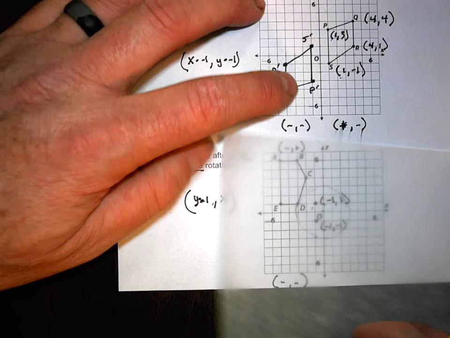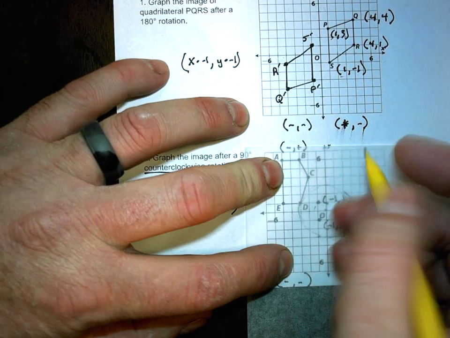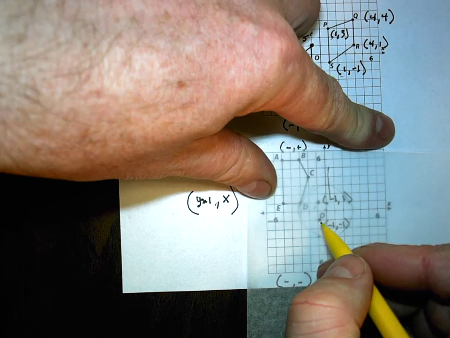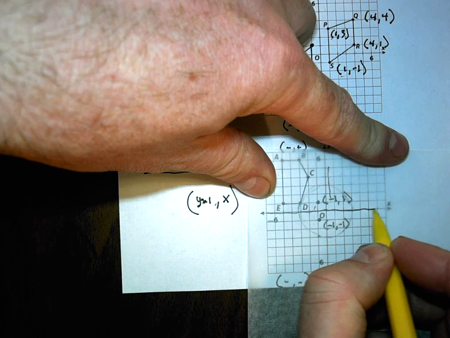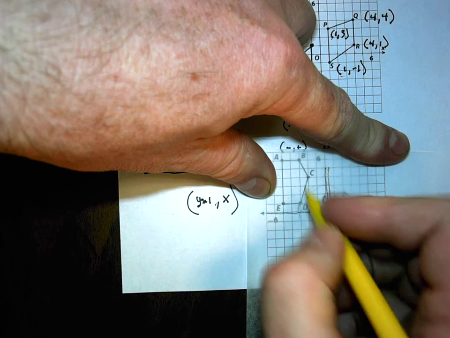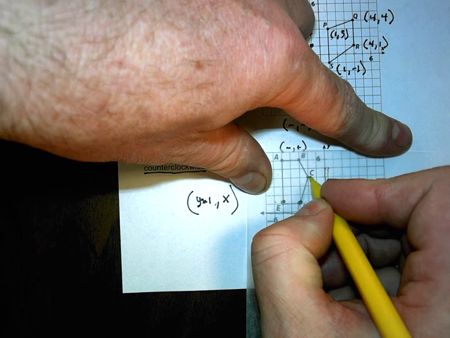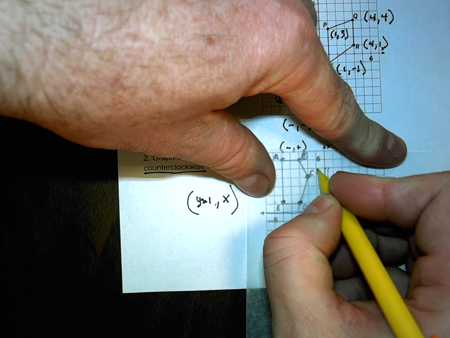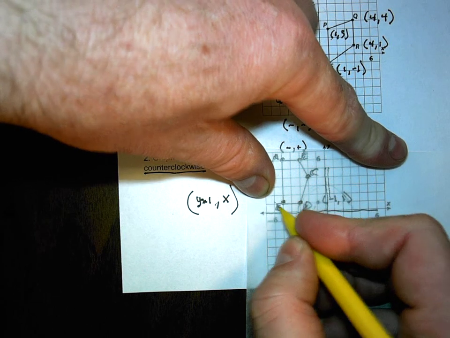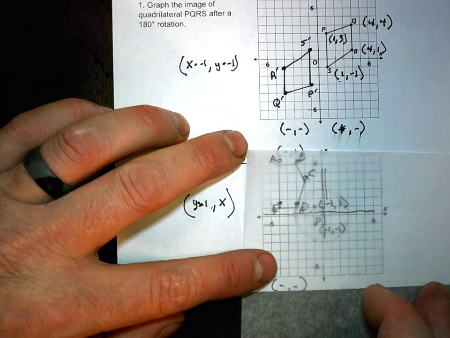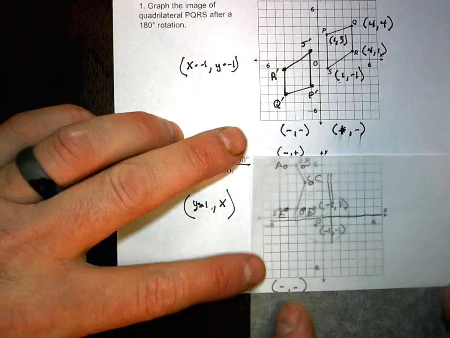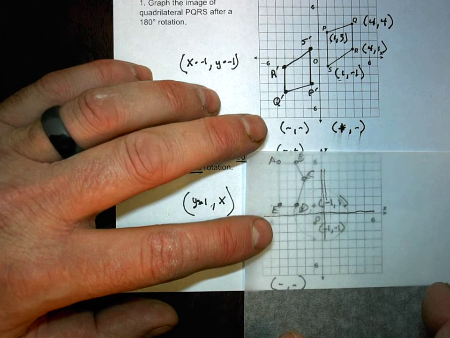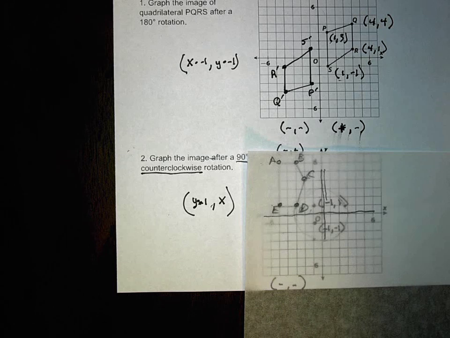Then what I need you to do is make your XY axes, and then label your figure. Okay, so label your patty paper.